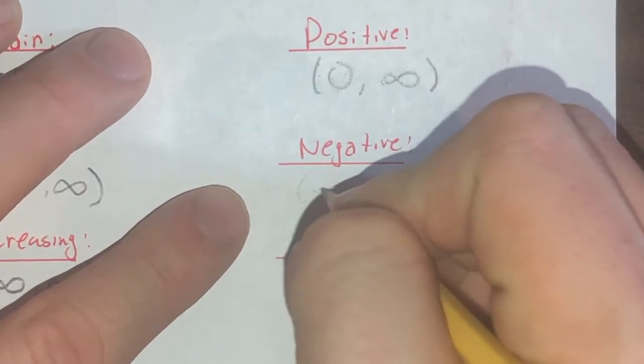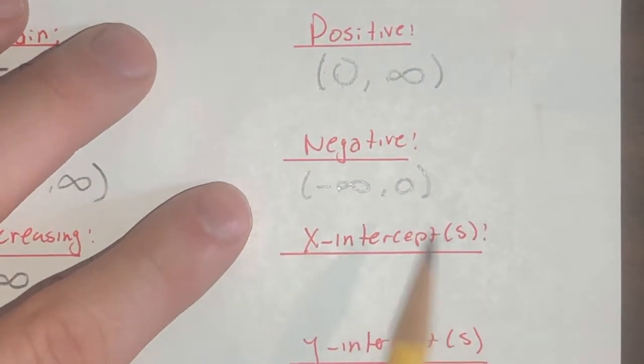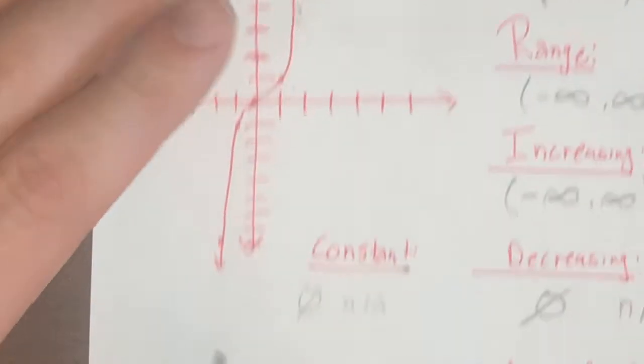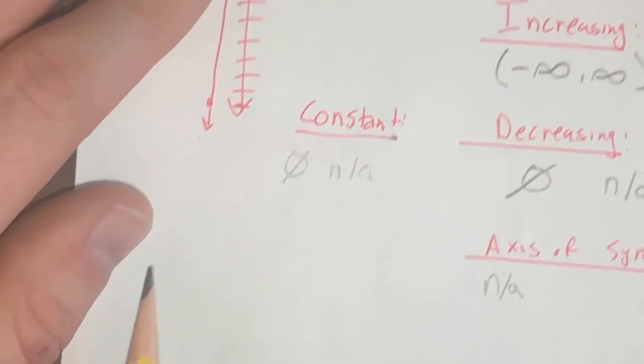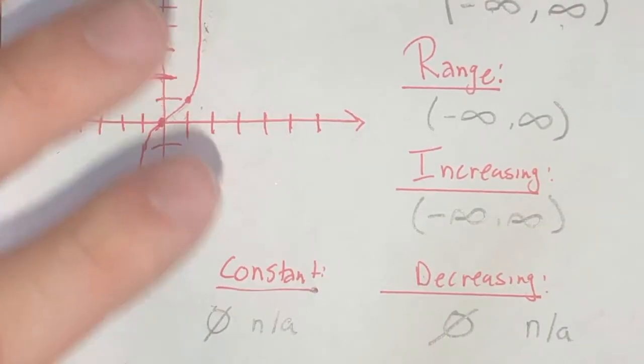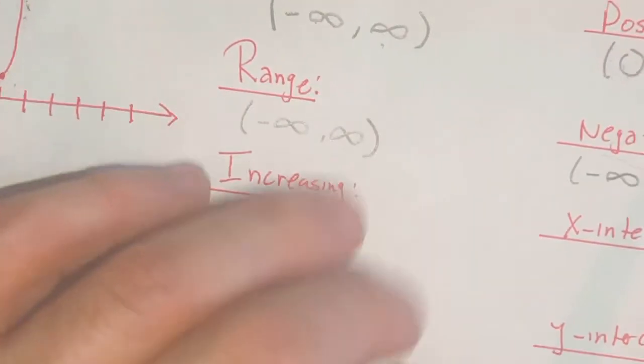How do we say it? We say -infinity to 0, right? From when x is -infinity to when x is 0, okay? Again, you're not including 0 because 0 is a point where y is equal to 0, or f of x. So again, if you include that, you're going to lose points.